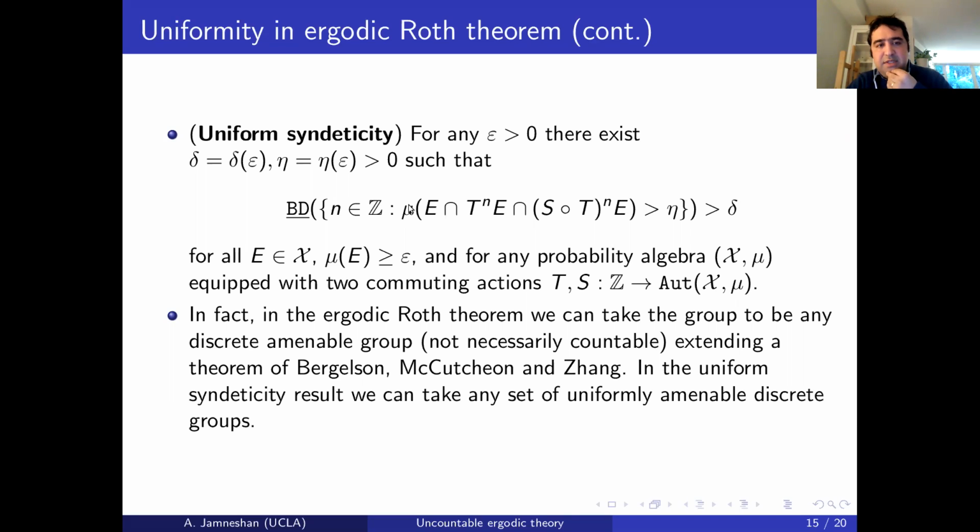Also, in the uniformity statement here, we can pass to uniformly amenable discrete groups. These are just so we can work not only with one group, but with a whole set of groups where somehow the Følner property in those groups holds in a uniform sense.